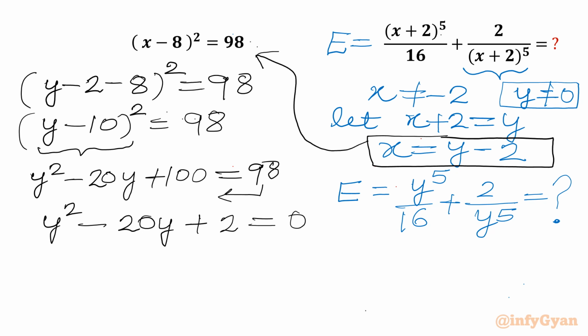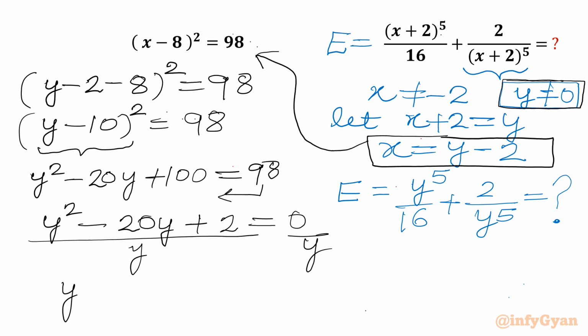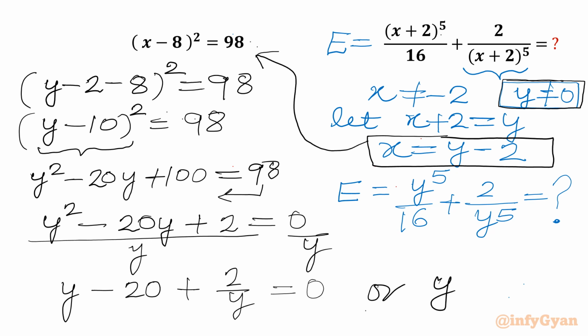Now y is not equal to 0, so I can divide this equation by y both sides. So I can write y minus 20 plus 2 over y equal to 0, or we can write y plus 2 over y equal to 20.